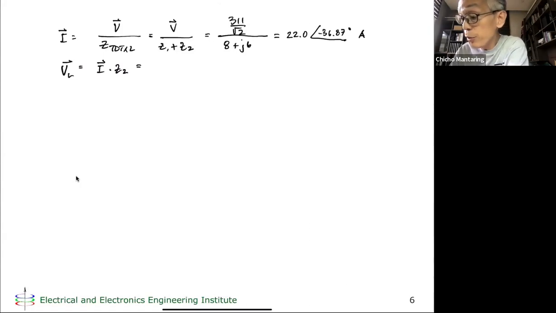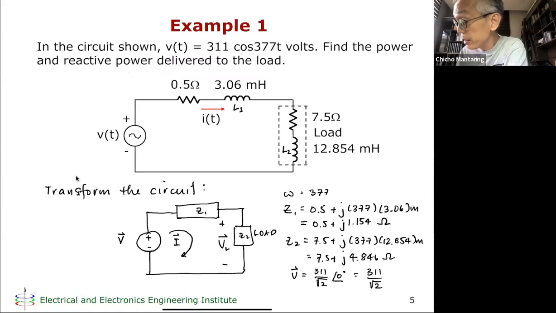So this is just 22.0 at an angle minus 36.87 degrees, and my Z2 is 7.5 plus j4.846.